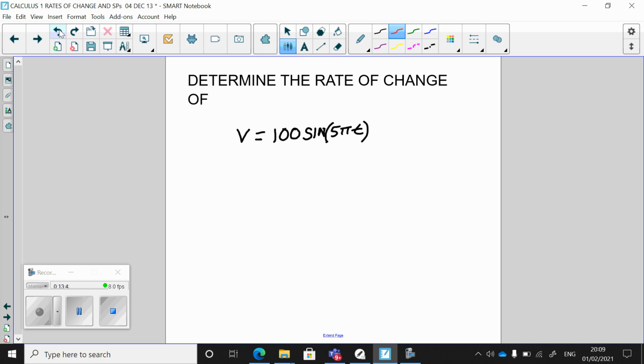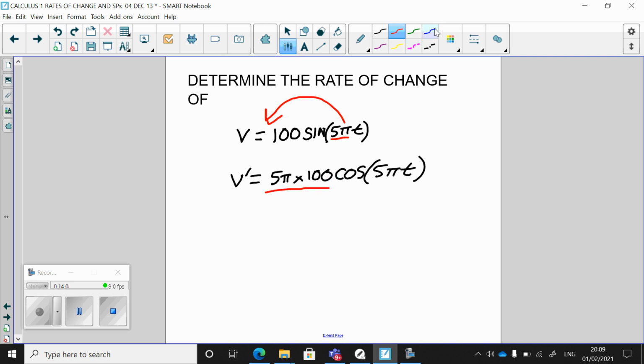So dv with dt or v dash, whatever. Bring the 5 pi out the front because 5 pi is in front of the t. That's playing the role of x really. So it's 5 pi times 100 there.